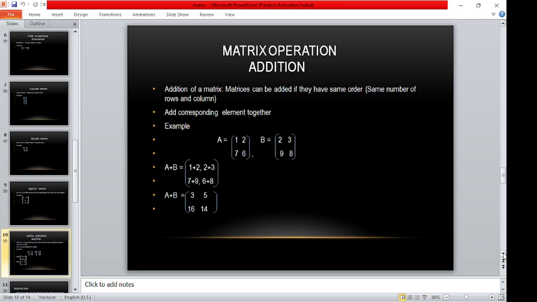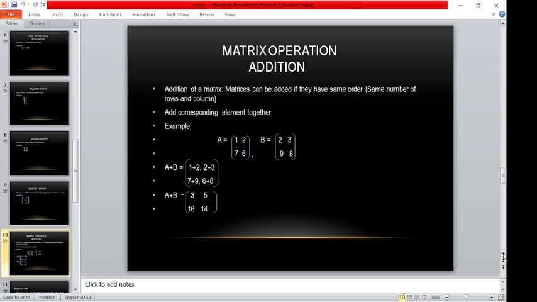For example, matrix A has elements 1, 2, 7, 6, and matrix B has 2, 3, 9, 8. A is a 2 by 2 matrix and B is a 2 by 2 matrix, so the order is the same. So A plus B, we are going to take element 1 in the first matrix and element 2 in the second matrix. We add.